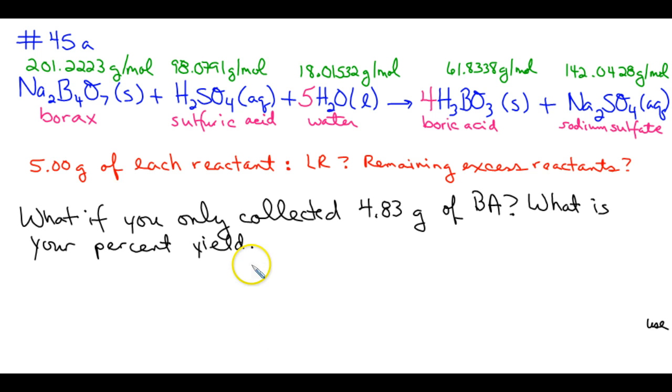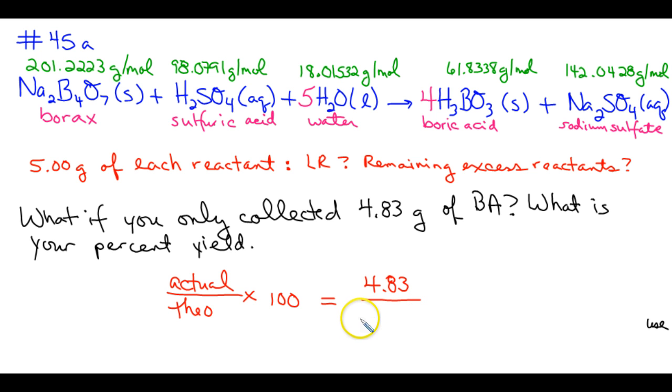Could also be the efficiency of your process. And it's pretty simple. You do your actual over theoretical, your theoretical was what you calculated earlier by your limiting reactant, times 100. So our actual, I'm going to say, is 4.83. Our theoretical from when we were determining the limiting reactant was 6.15. So we are only getting a yield of 78.5%. Not too bad. I hope you enjoyed it.